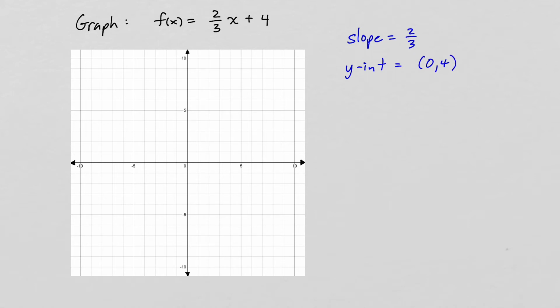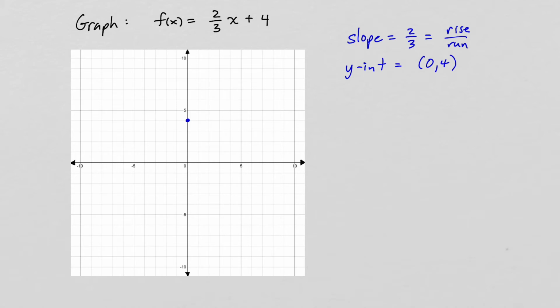So we have a couple of different ways of graphing this. Probably the easiest way to graph a line would be to first go to the y-intercept, which is at the point (0, 4), which is right here. And then remember that the slope is the same as the rise over the run. So it gives you literal directions on how to get from one point to another.